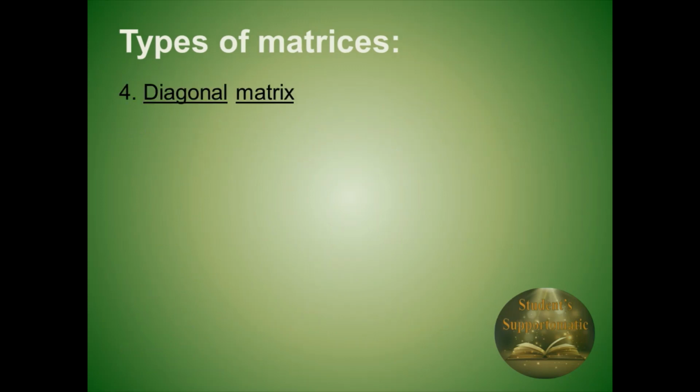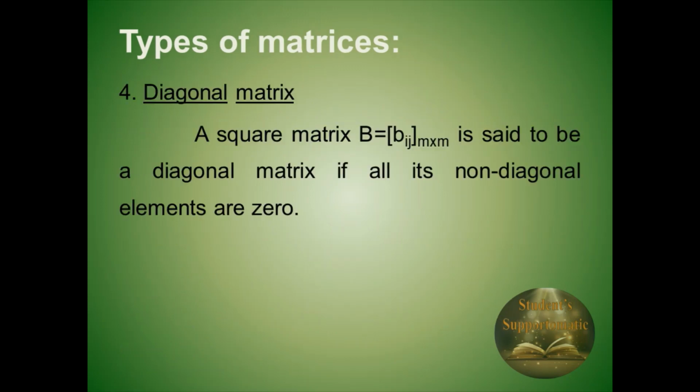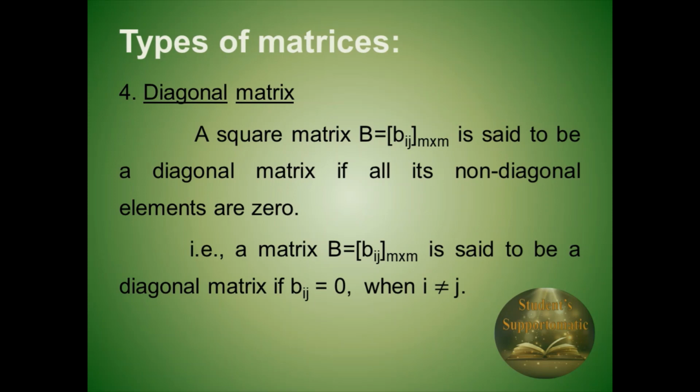Next type is a diagonal matrix. A square matrix B is equal to bij, m by m, is said to be a diagonal matrix if all its non-diagonal elements are 0. Only the diagonal elements have some value and all non-diagonal elements are 0, then it is called a diagonal matrix.